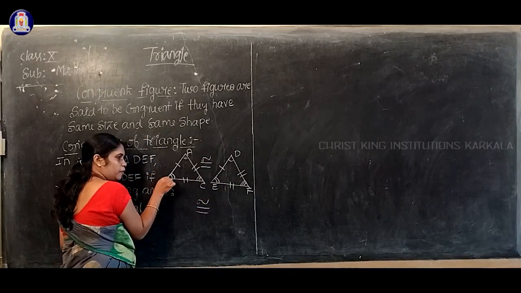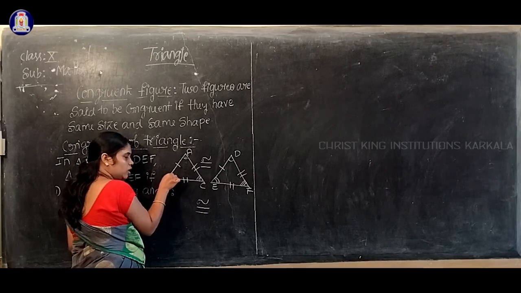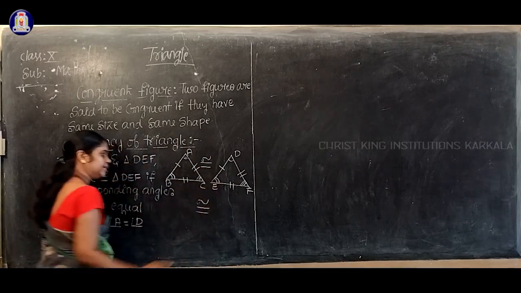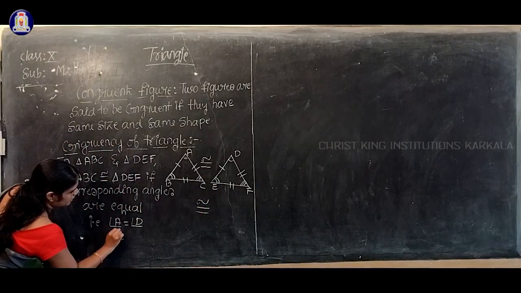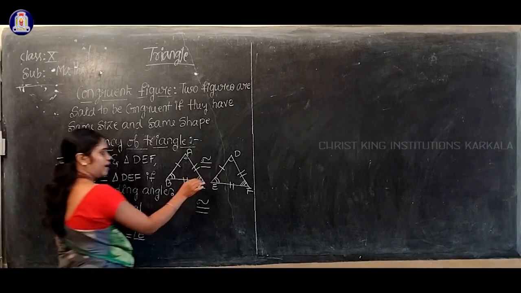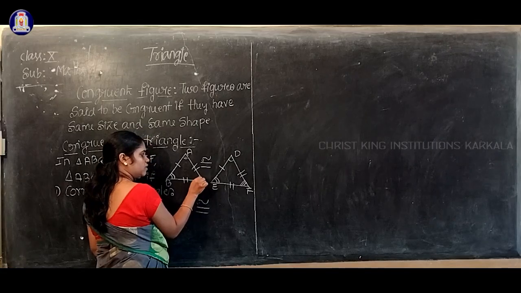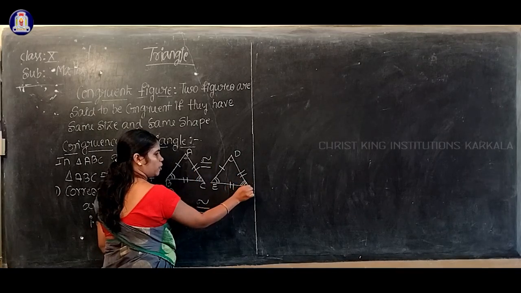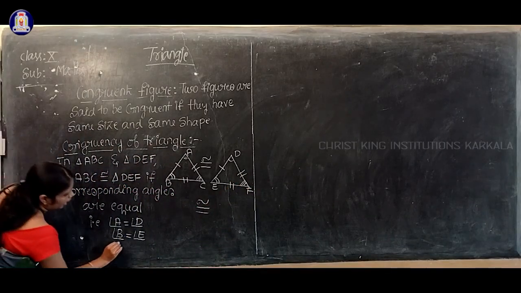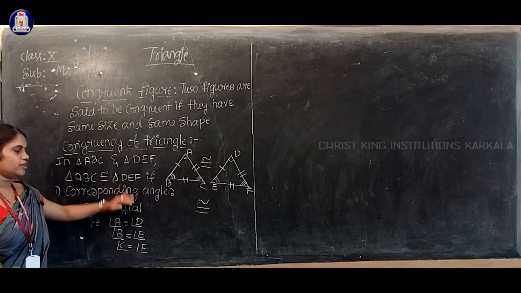Next, what about another angle? Angle B. For this angle B, what is your corresponding angle? Your corresponding angle is angle E. So angle B equal to angle E. Next another angle is angle C. For this angle C, your corresponding angle is angle F. So angle C equal to angle F. This is your first condition.